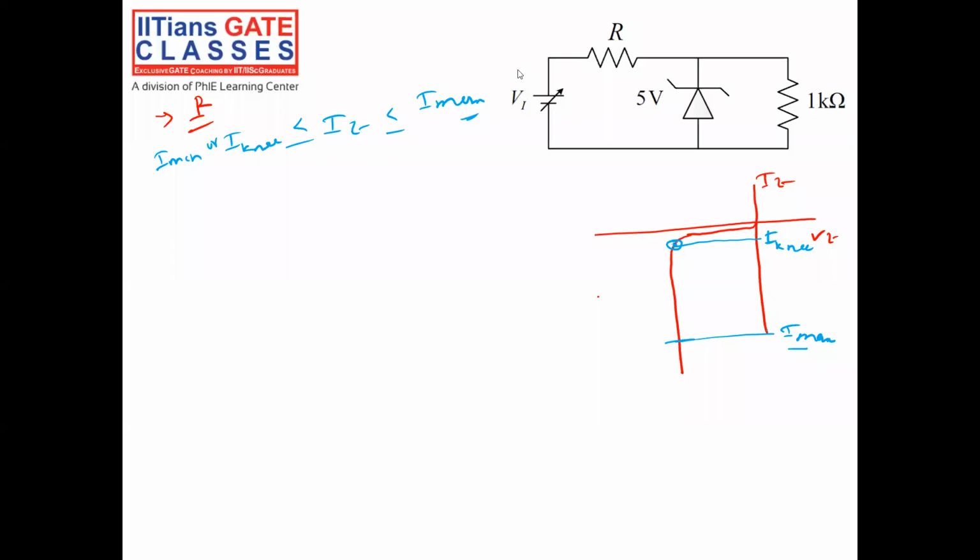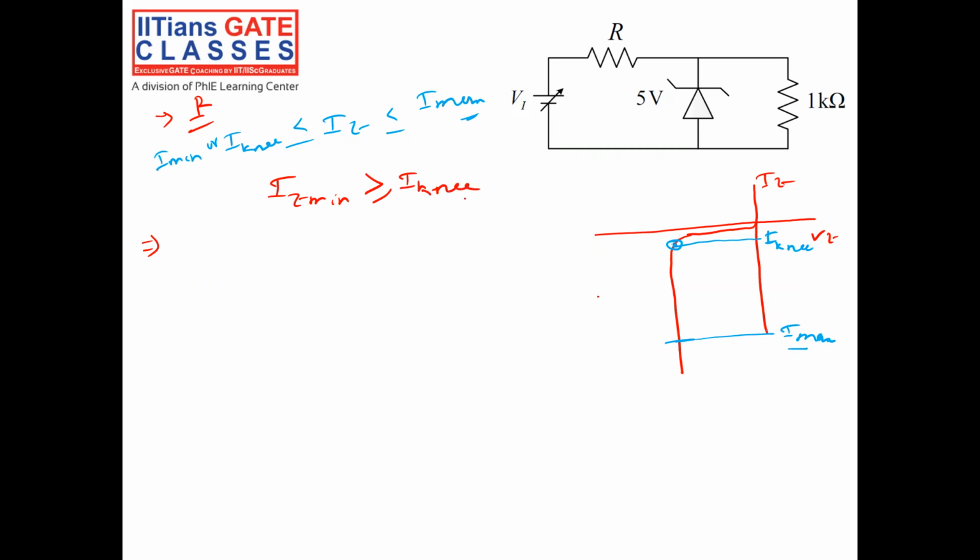Okay, so the first condition is, let me change my color, the current in zener IZ should be greater than or equal to I minimum. What I want is IZ minimum should be greater than or equal to I knee.